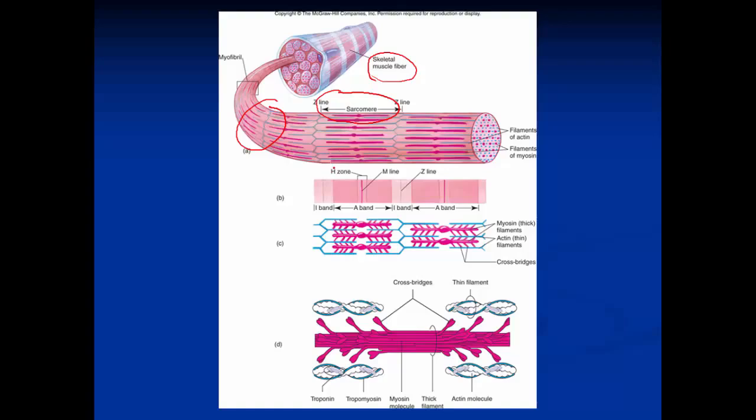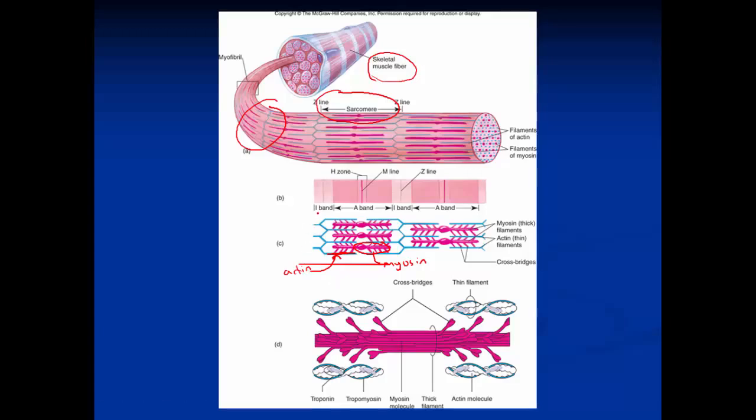When you look at the sarcomere, you're going to have these thin, here they're blue, that represents actin. That's already labeled for you. And then here, these thick, it's going to be myosin. Okay, so myosin is thick, actin is thin. These two things are going to interact, and that's going to cause contraction.